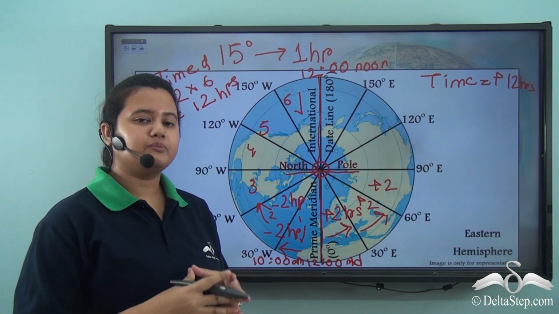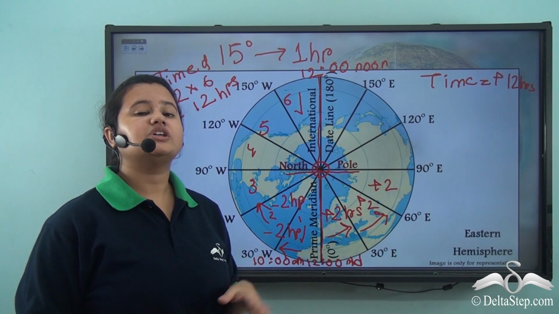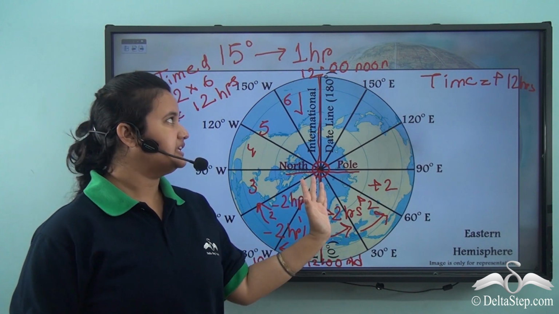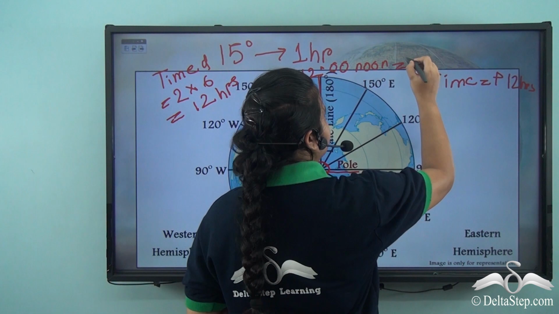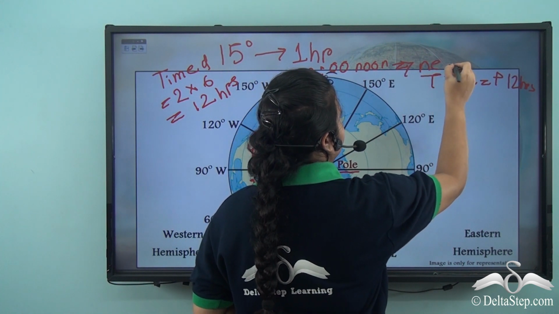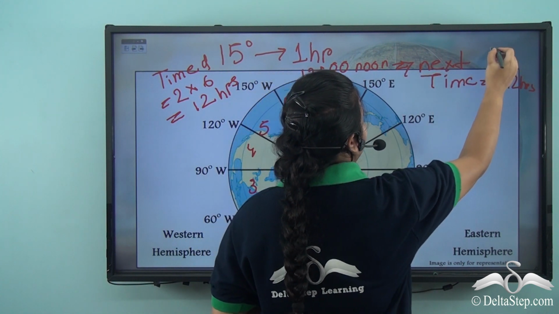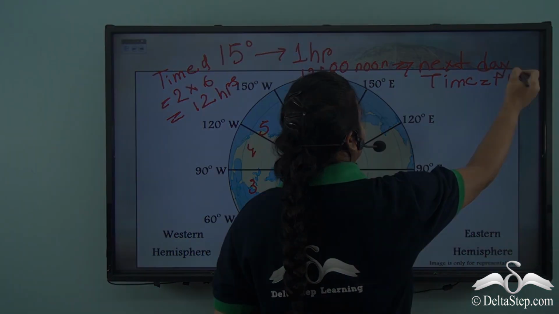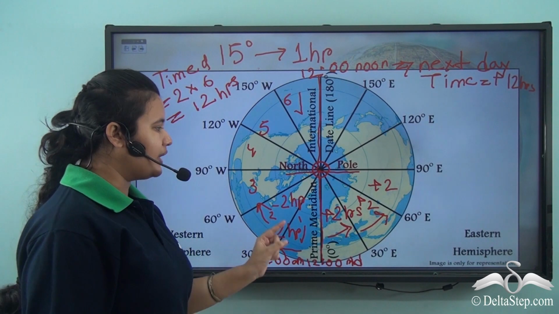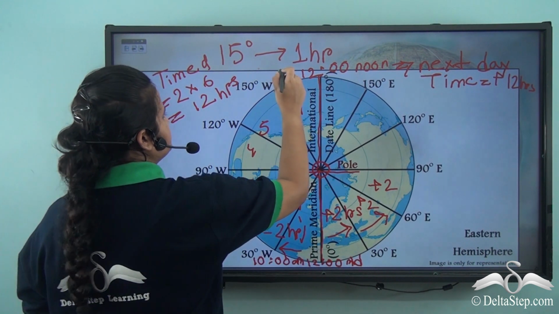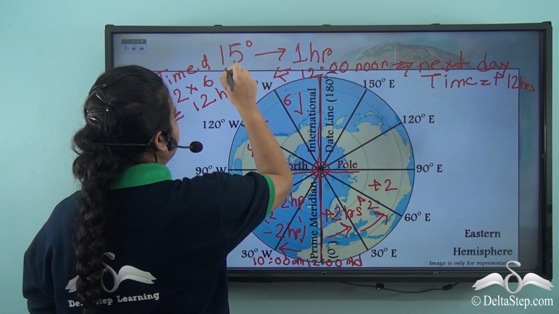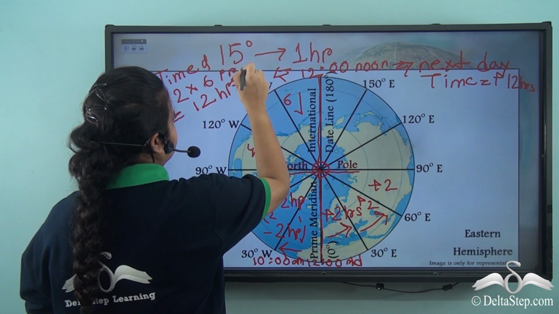So now if we move 180 degrees to the east of the prime meridian, then it will be 12 noon of the next day. But now if we move 180 degrees to the west of the prime meridian, then it will be 12 noon of the previous day.